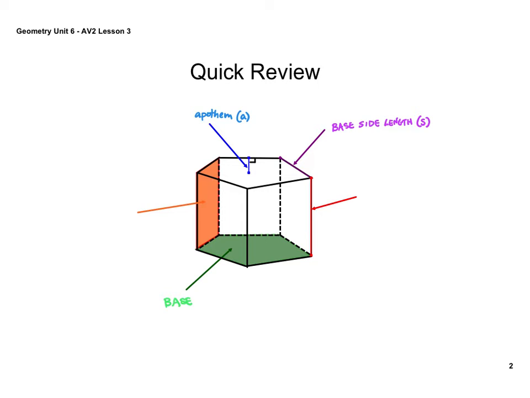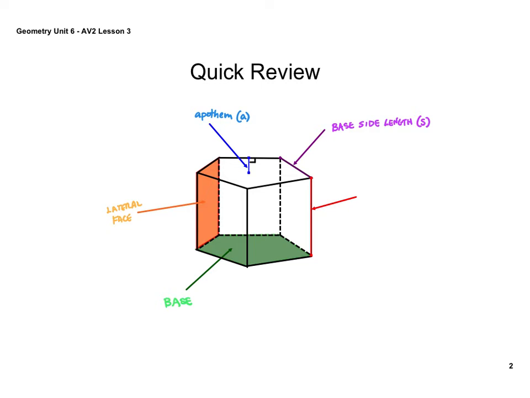Our orange space here, I think this is orange, we're going to call a lateral face. We use lateral faces when talking about surface area, but not when we talk about volume. So we're not going to have to worry about the lateral face in our calculations in this lesson.